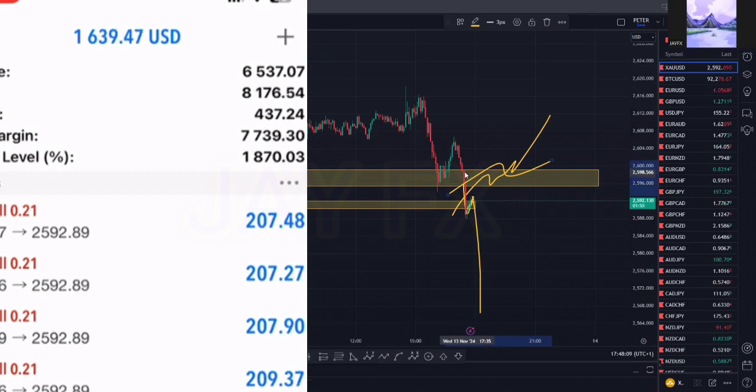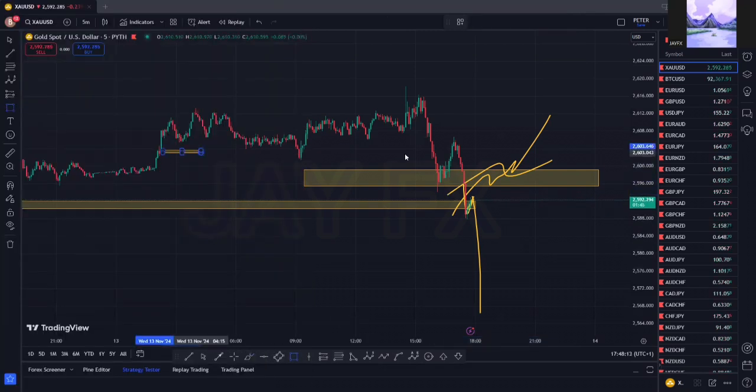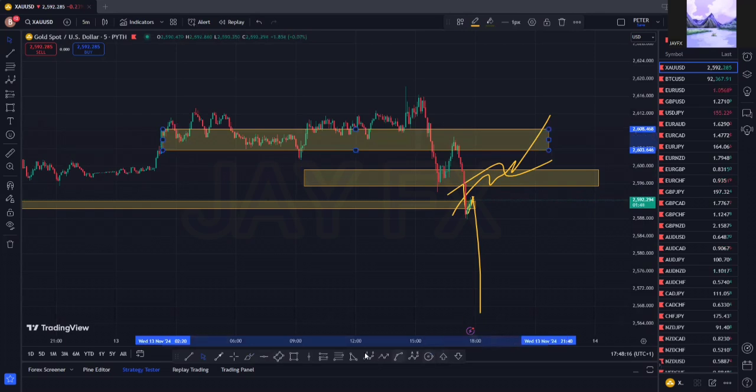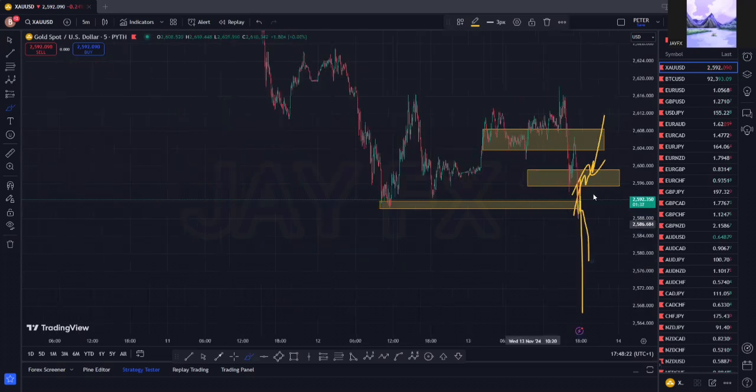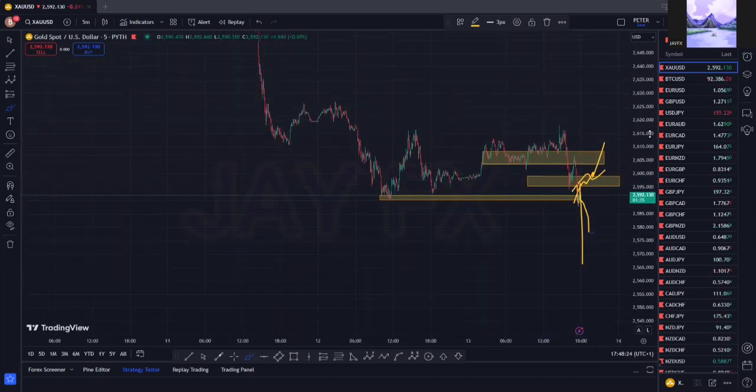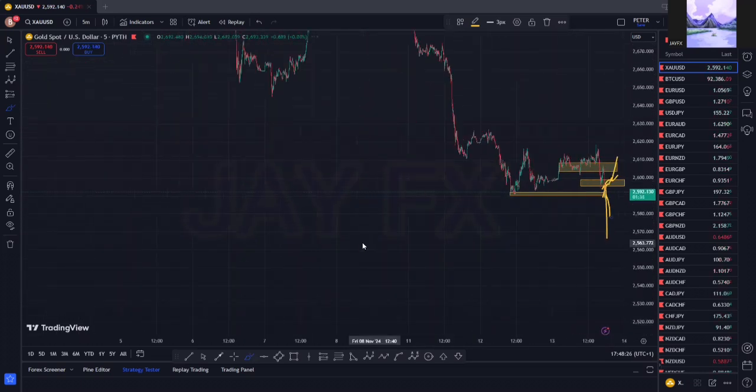What I'm thinking, according to my knowledge and my analysis, is that it's gonna keep on going down until certain levels. So myself, I will just know where to go out and when to close.